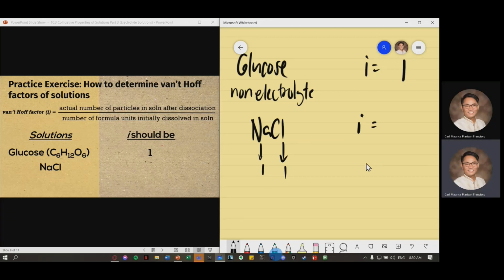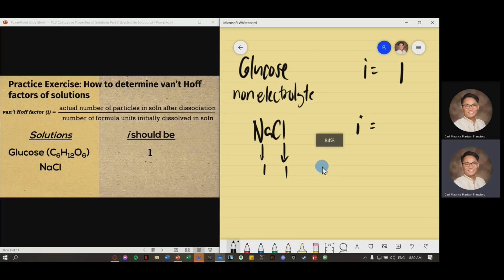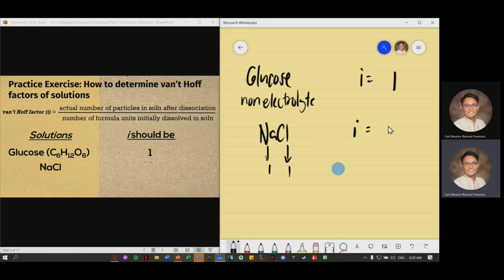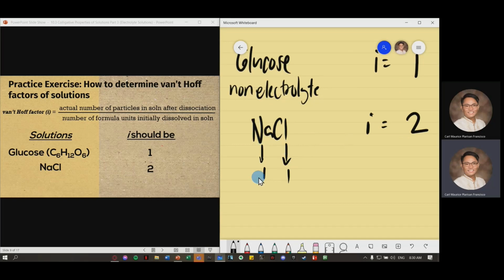Bilangin lang po kung gaano kadaming atom ng element. So total we have 2. So the Van Hoff factor would be 2.